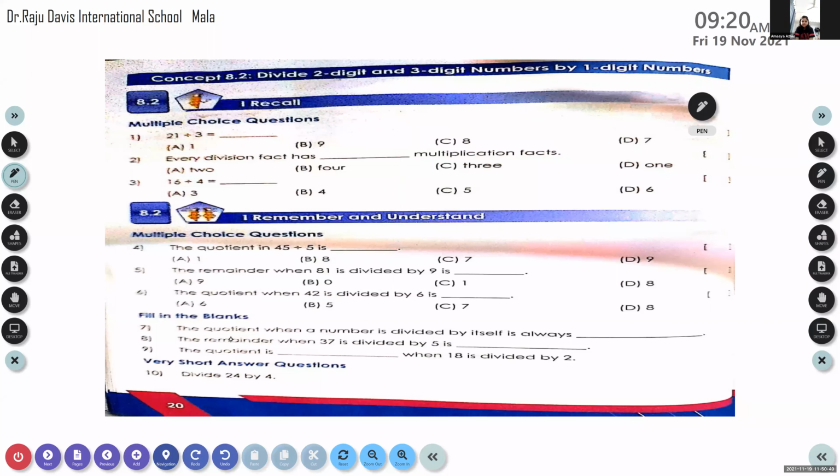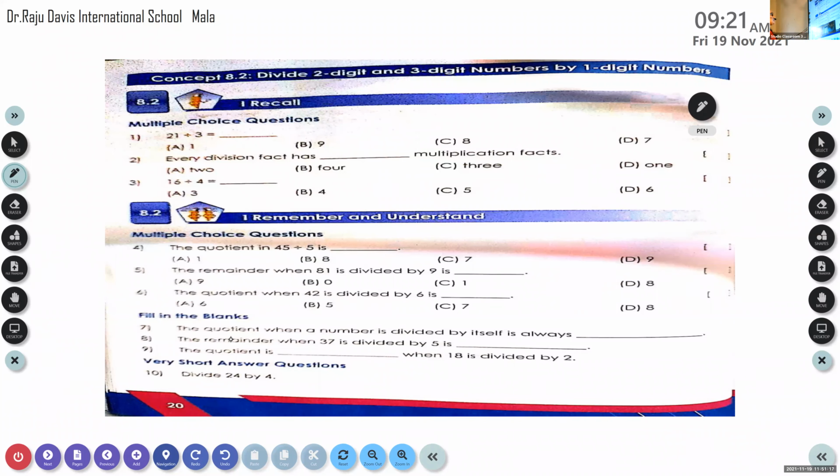The number that is to be divided is called dividend. What is divisor? The number that divides is called divisor. The answer is called quotient. And what is remainder? The number that remains at the last is called remainder.